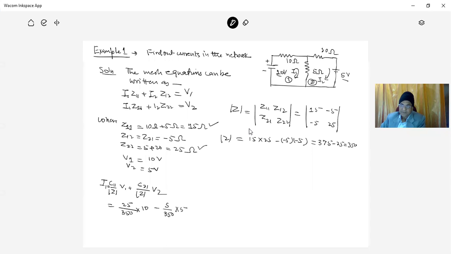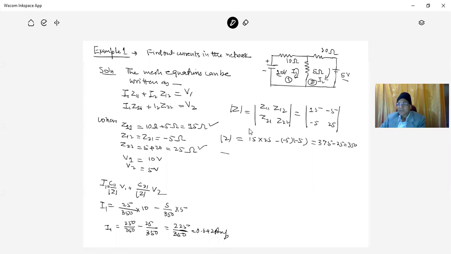So this value is 250 upon 350 minus 25 by 350, that is 225 by 350, that is 0.642 ampere. This one is I1.